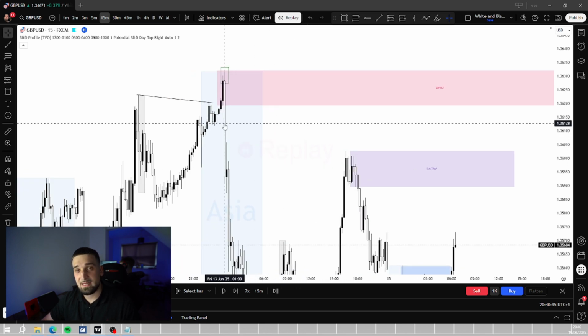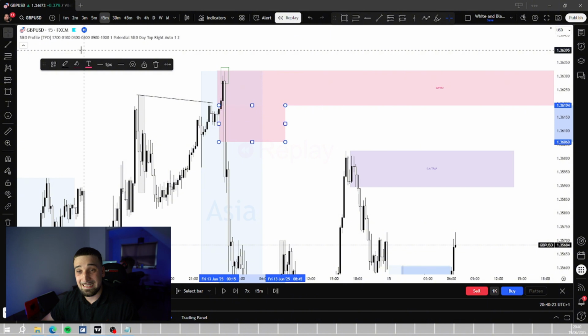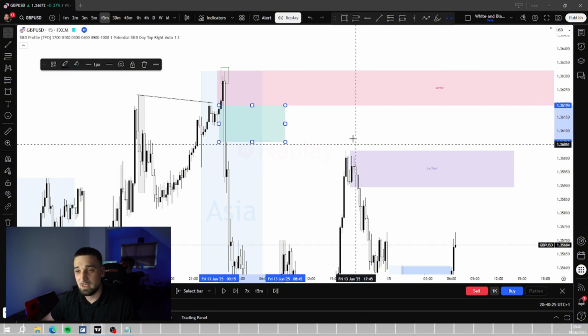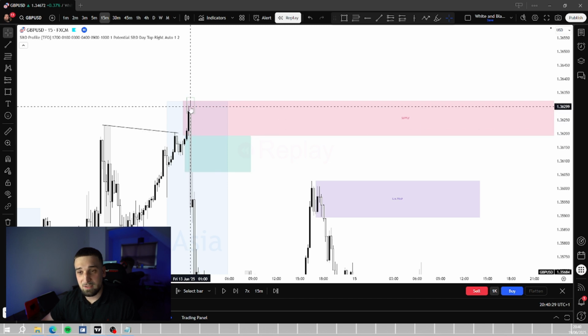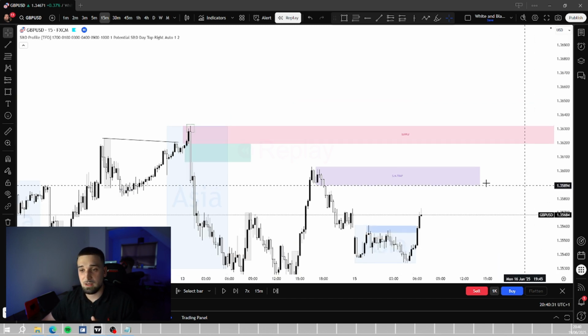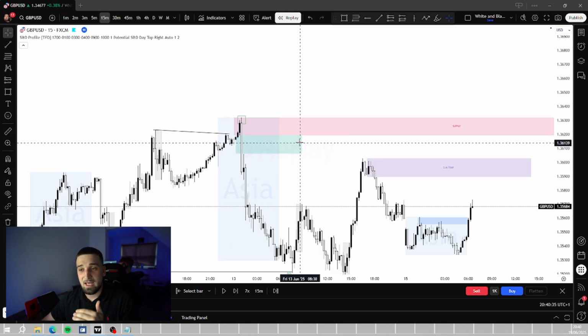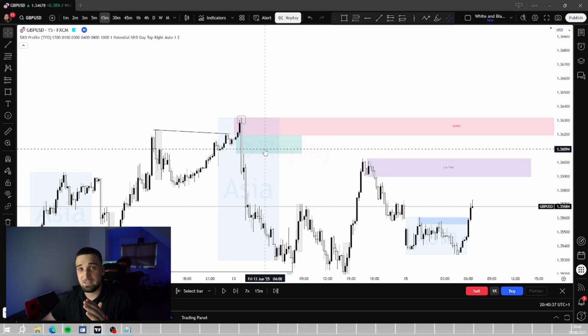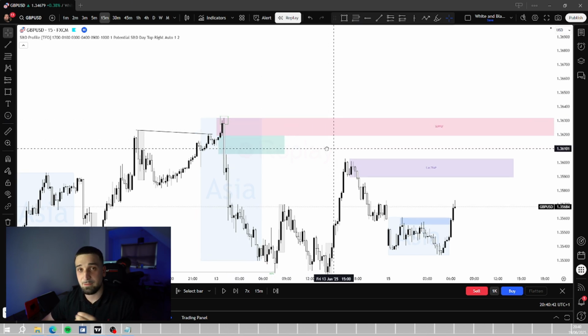And another thing that I like to have as a confirmation that this is quite a clean supply and demand zone is that the candle going down or up, depending if it's a supply or demand zone, is leaving some sort of fair value gap behind. So this is leaving some sort of fair value gap. So we've had the supply and demand zone. I've marked out this engulfed candle because the other candle after it engulfs the whole candle, and then it leaves a fair value gap behind. So this is giving me an indication that this is quite a clean supply and demand area.